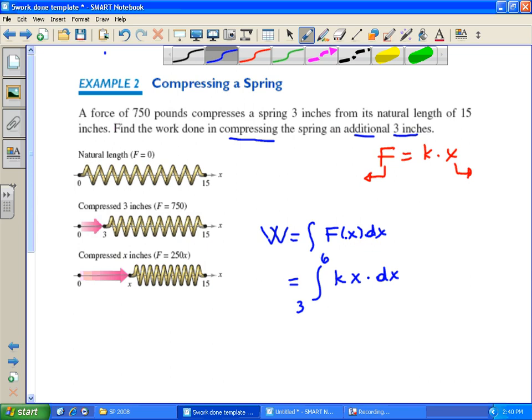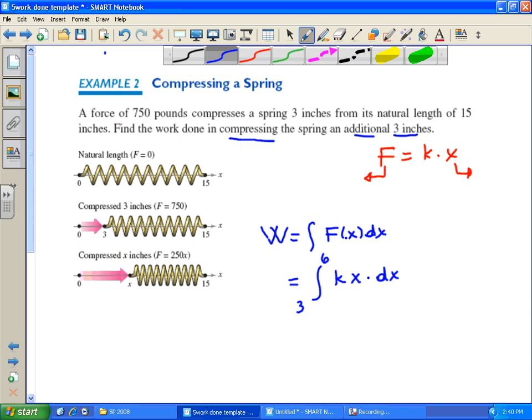So first we need to find what K is, and there's some information that you can use to obtain that constant K, like 750 pounds compresses a spring 3 inches. It says compresses a spring 3 inches from its natural length of 15 inches. We really don't care that much about what the original length was.